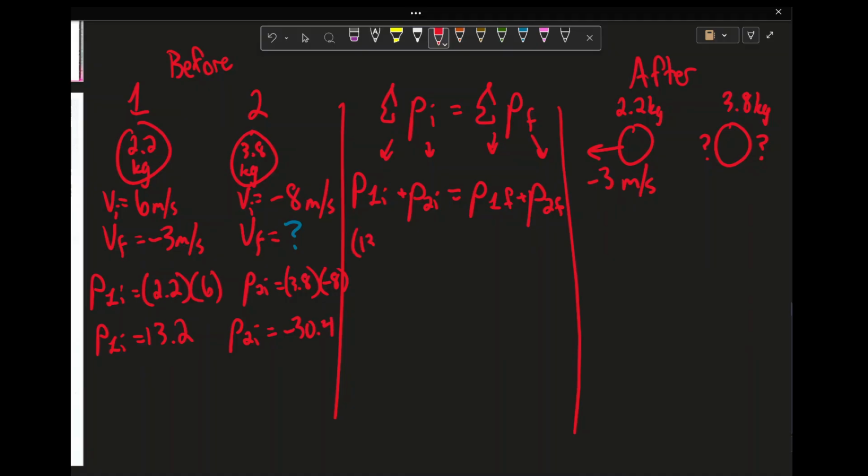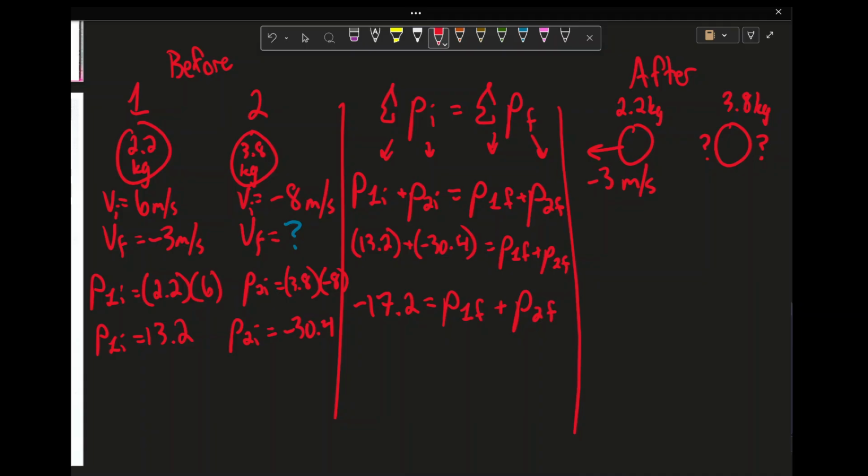So we've got here 13.2 plus -30.4, and that's going to equal P1 final plus P2 final. Add those together, we get -17.2, and that equals the sum of the 2 final momenta.